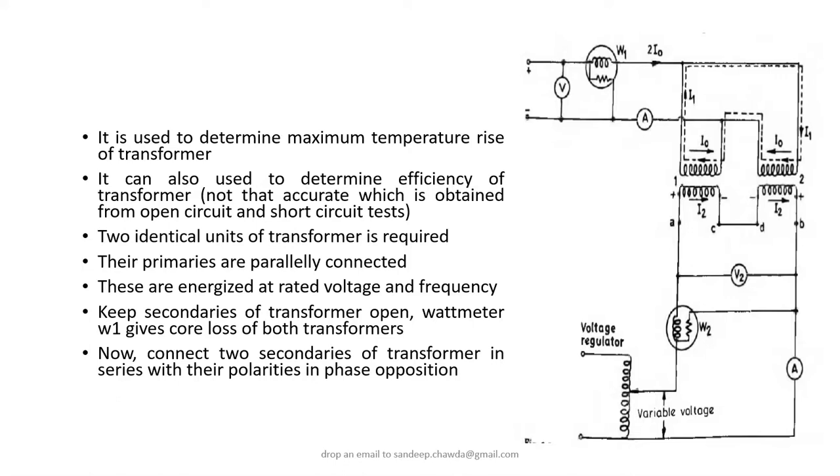The second thing, this test is also useful to determine the efficiency of the transformer. You could notice here that we have written that it is not accurate if we are calculating the efficiency of a transformer using the Sumpner test, back-to-back test or load test. We are in a position to calculate the efficiency of a transformer using the OCSC test, open circuit and short circuit test.